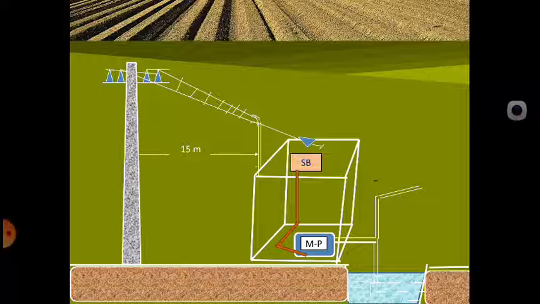We can use R phase, Y phase, B phase, and for neutral we take the double wire. So a 2-core service wire is taken from the pole to our pump shed, 15 meters. Plus or minus 1 meter, nearly 17 meters, times 2. So 34 meters of service wire is required to take the supply from the pole to our shed.